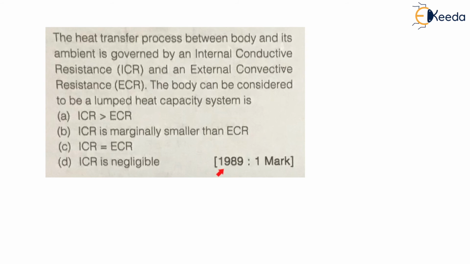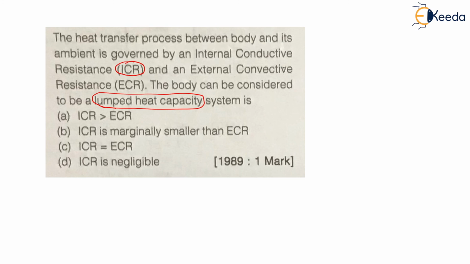Again, the next question from GATE 1989 for 1 mark. Again a very simple question, again on the Biot number only. The heat transfer process between a body and its ambient is governed by an internal conductive resistance ICR and external convective resistance ECR. The body can be considered for lumped heat capacity analysis when Biot number is less than 0.1 and the internal conduction resistance is negligible.